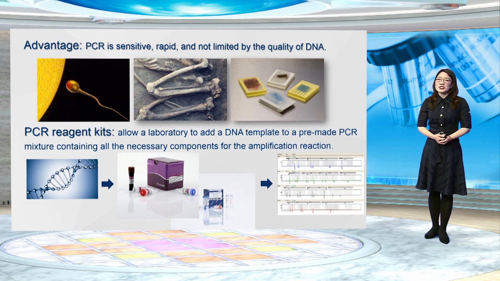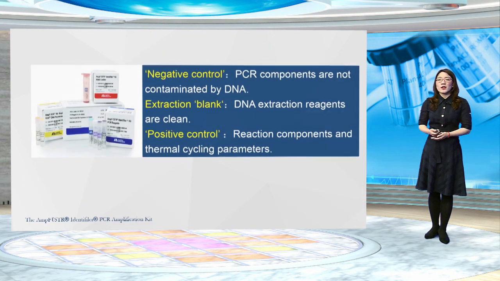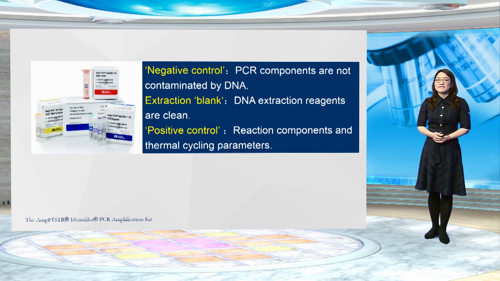In the kit, controls are usually used to monitor the effectiveness of the experimental conditions and the technique. A negative control is an entire PCR reaction mixture without any DNA template. The negative control usually contains water or buffer of the same volume as the DNA template, and is useful to assess whether or not any of the PCR components have been contaminated by DNA.